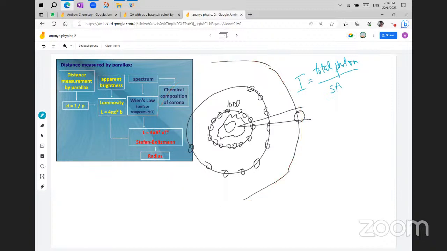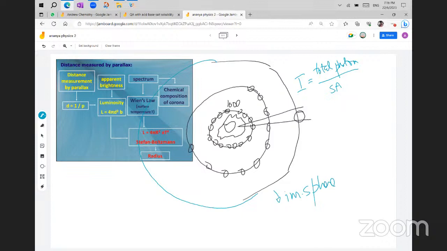Now here comes more complication. This is not a circle, but an imaginary sphere. Can you accept that this is an imaginary sphere? The photons are spread not in a circle, but in a sphere all over.